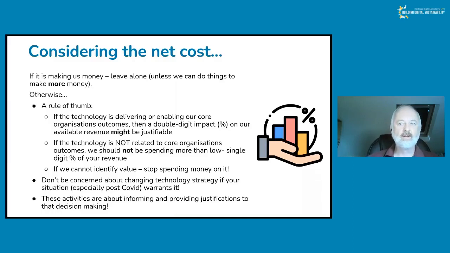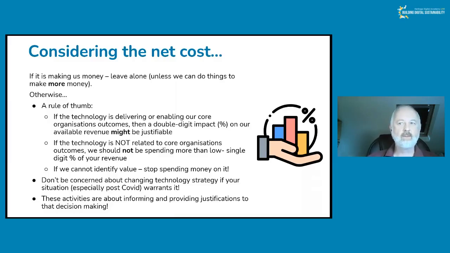So in terms of technologies that are delivering your core outcomes, you could be talking about a CRM, for example, or managing your service users if you've got something like that, or you're managing your collections. And if you didn't have that, you wouldn't necessarily be able to provide output for your website or other things.